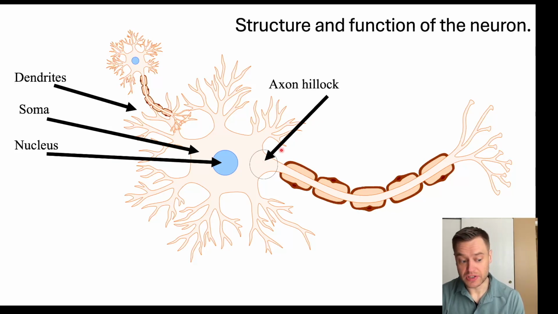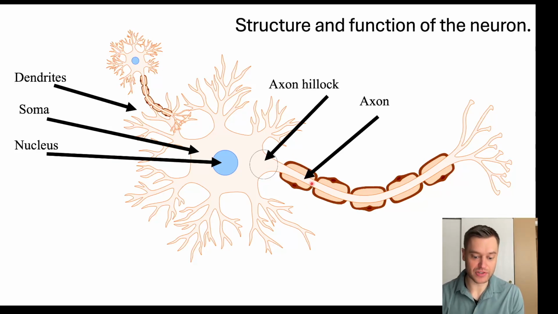So you need to know that the axon hillock is where the soma meets the axon, and that this is the integration zone. The axon hillock is the point where the soma is going to basically send the electrical information or not send the electrical information down the axon.